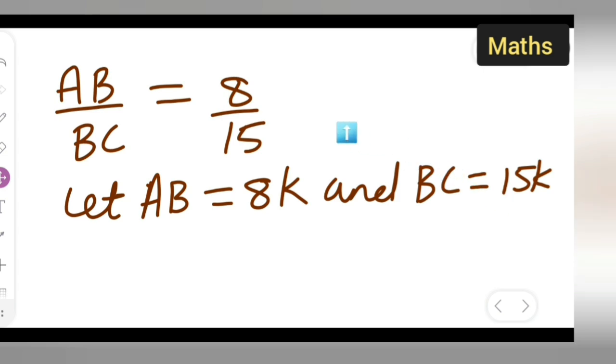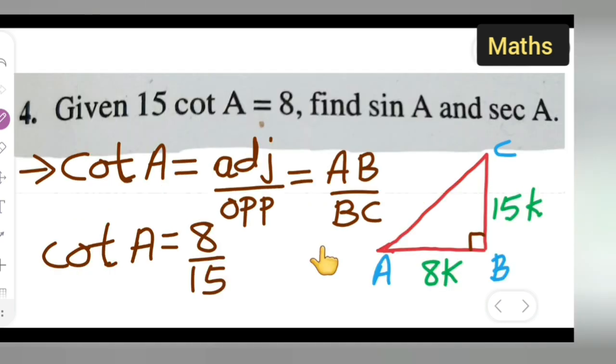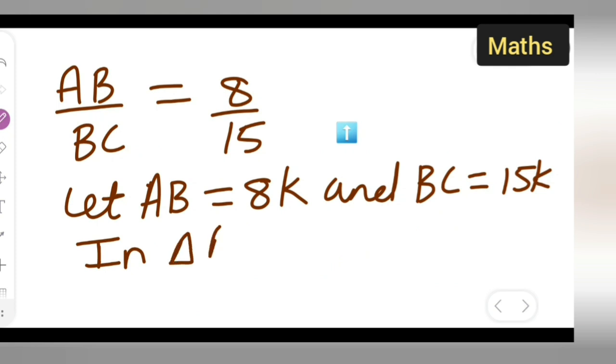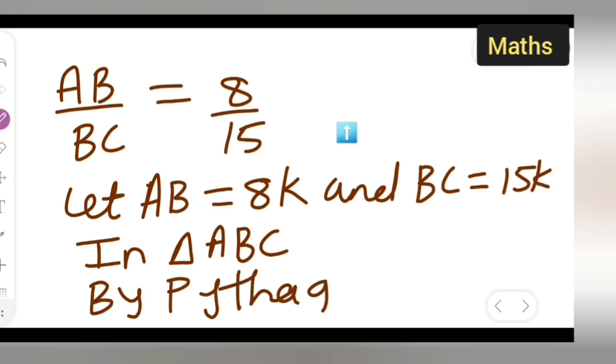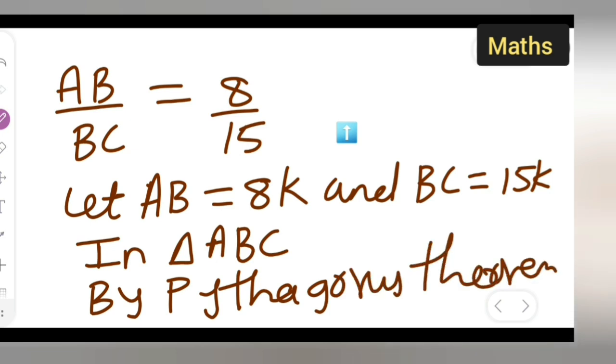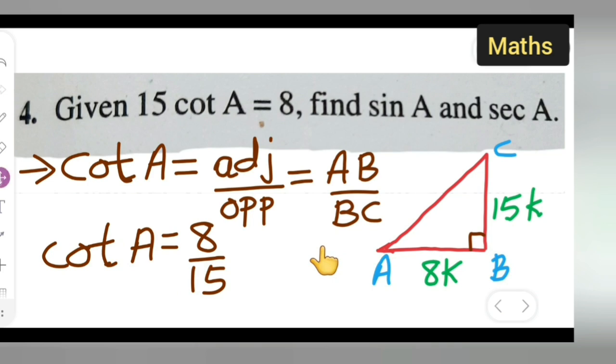Next step, we are going to use the Pythagoras theorem in triangle ABC. First we take the hypotenuse, that is AC square is equal to AB square plus BC square.